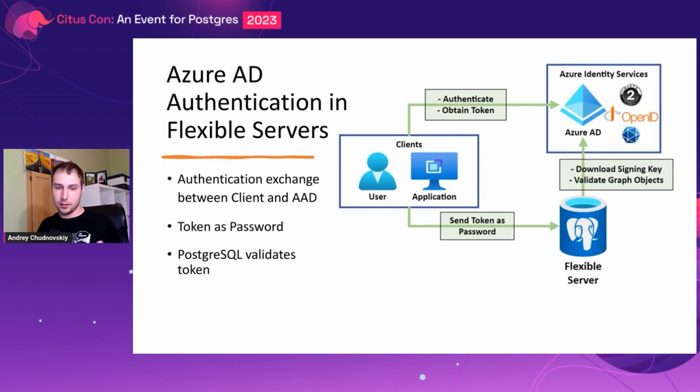Then we extract those pieces of metadata and validate them against the expectations set by the server administrator. If everything matches and the token did not expire, then the authentication succeeds and the session can be started. The token is sent as a password, so we reuse the password exchange in the Postgres wire protocol.